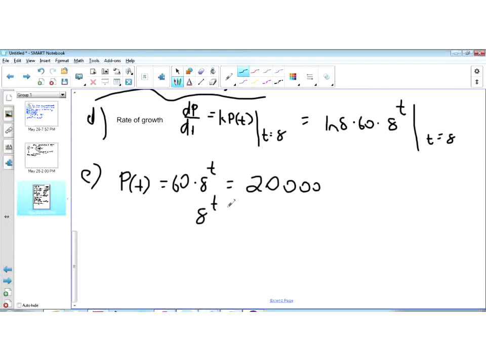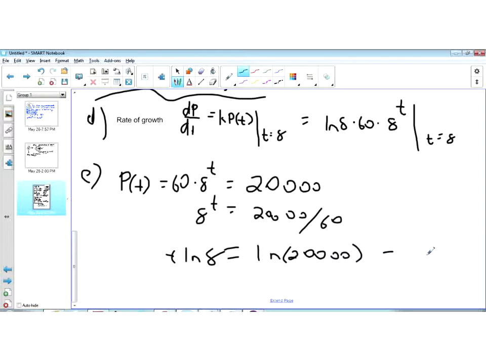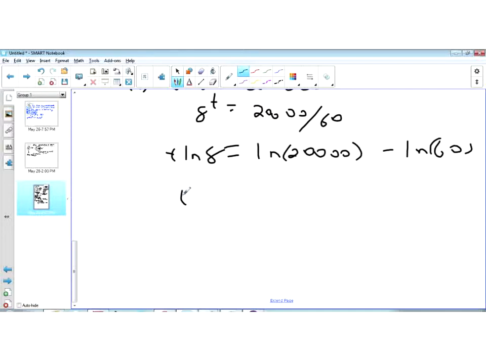To do that, we go 8 to the t is equal to 20,000 divided by 60. Then we can take the natural logs of both sides. So we have t times the natural log of 8 is equal to the natural log of 20,000 minus the natural log of 60.